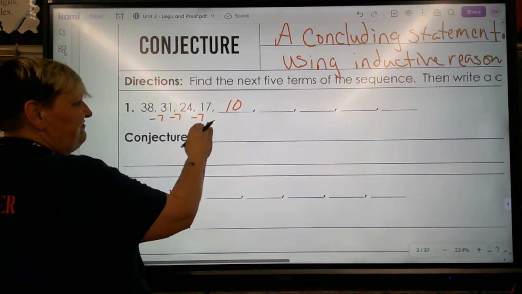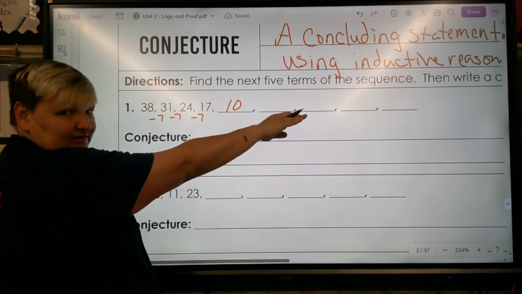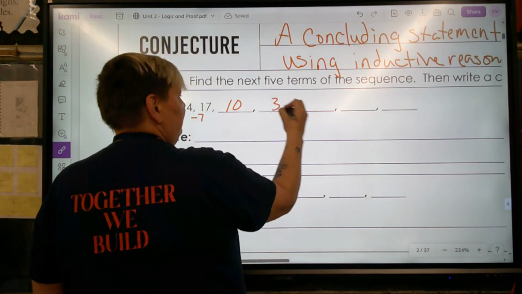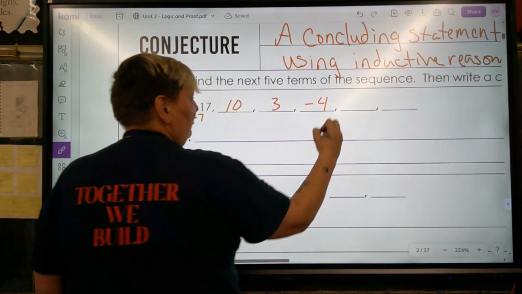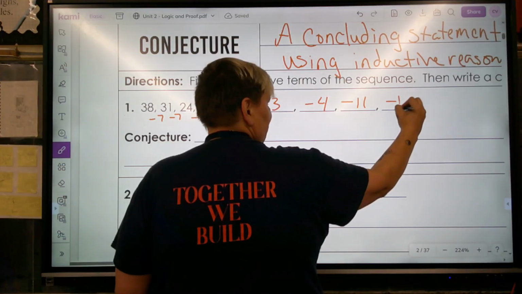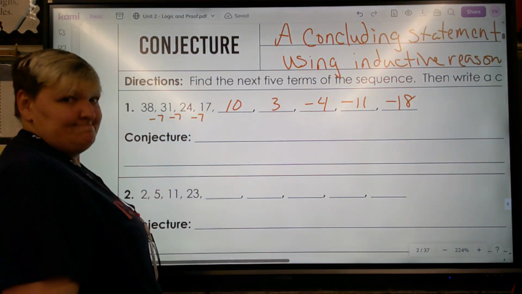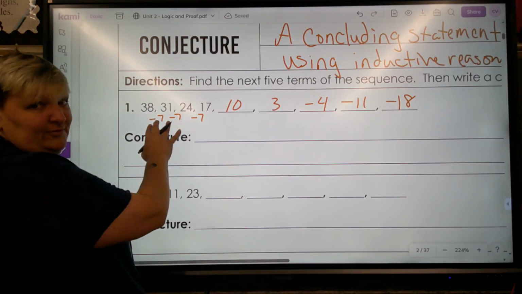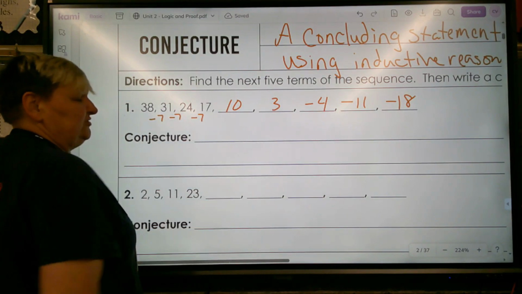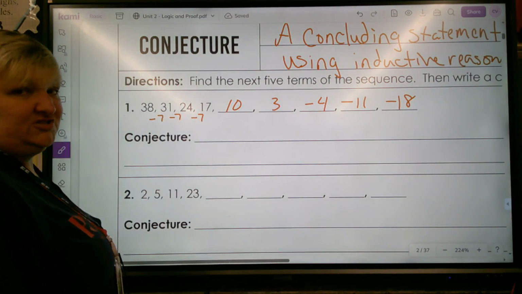So now that we have the pattern, we're going to continue the pattern, right? Minus 7 is 3, minus 7 is negative 4, minus 7 is negative 11, minus 7 is negative 18.